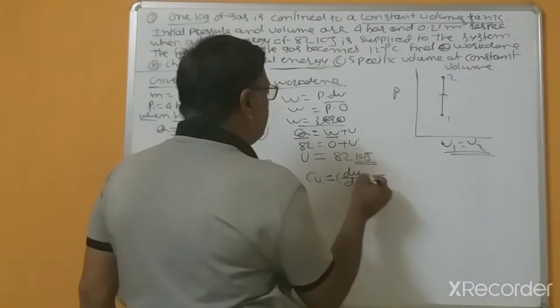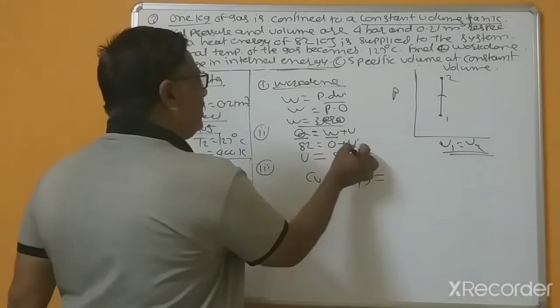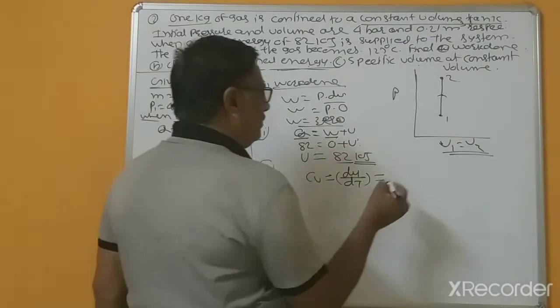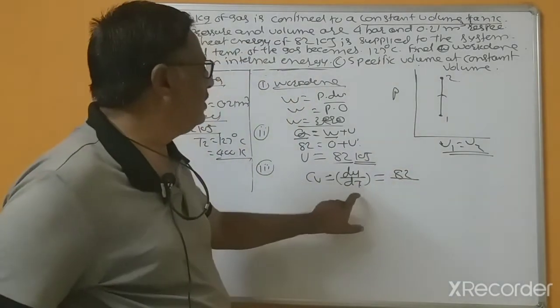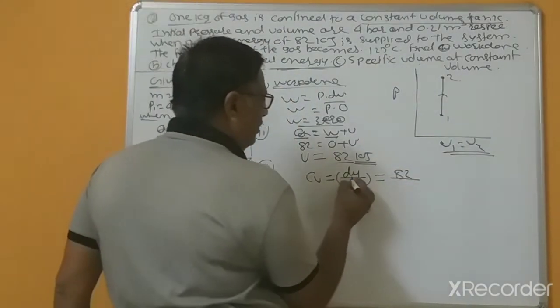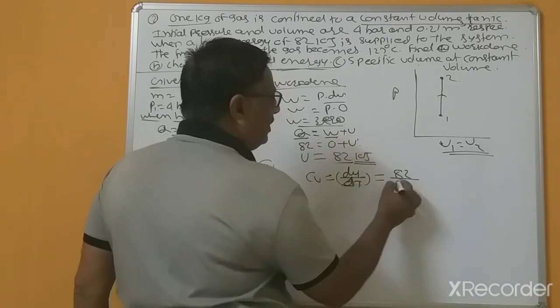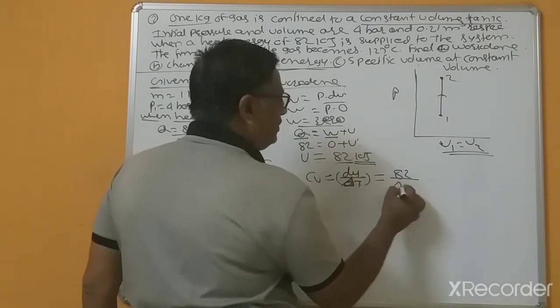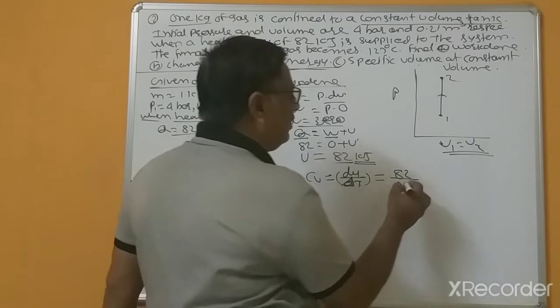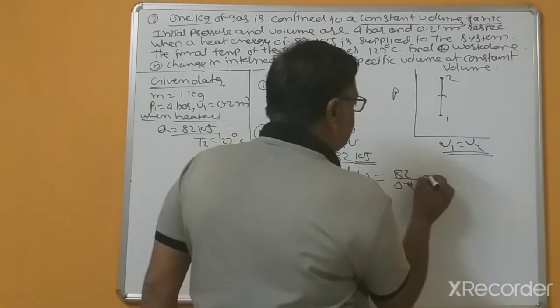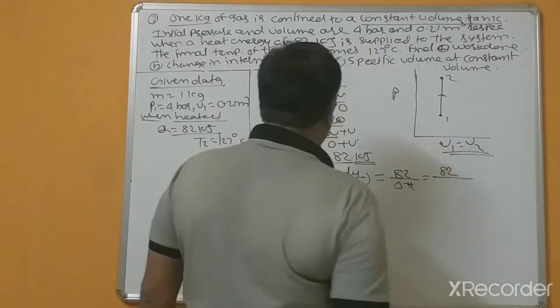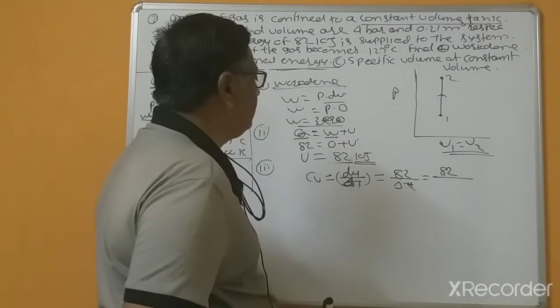So du equal to, we already calculated this, 82, and this dT is nothing but the delta T, meaning change in temperature.